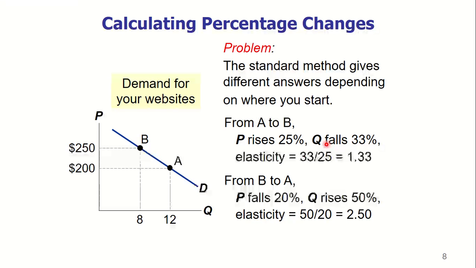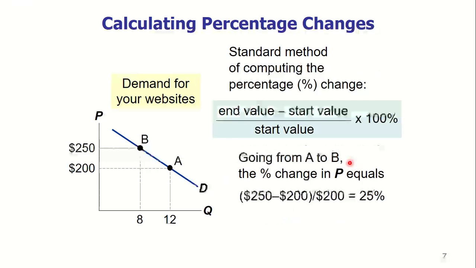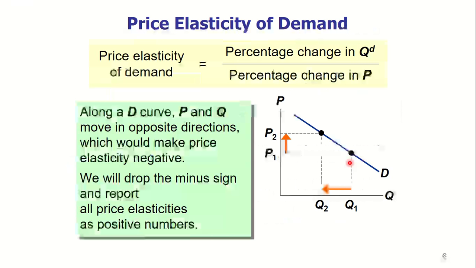And then we can find the elasticity, that is 33 divided by 25 is equal to 1.33, and this is from this formula, that is percentage change in quantity demanded divided by percentage change in price.